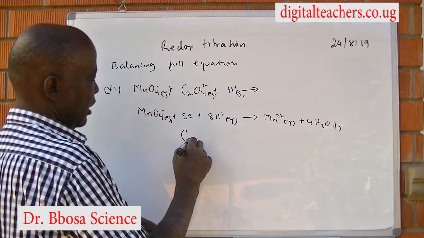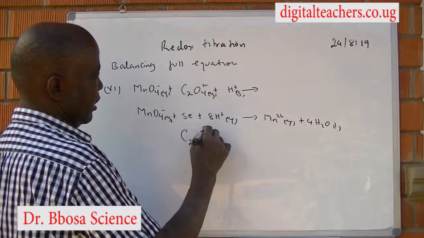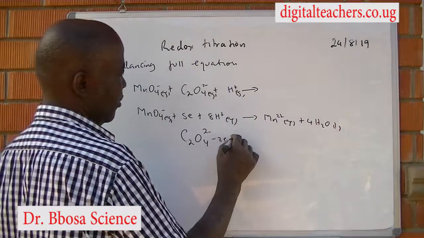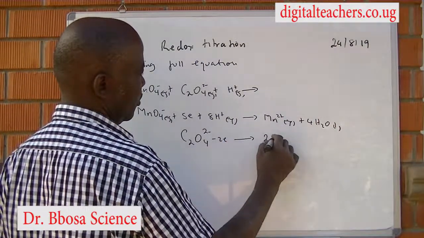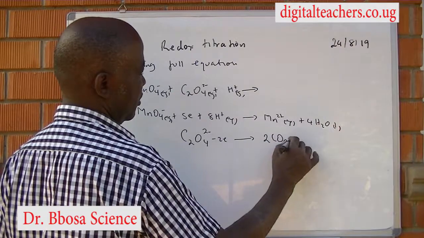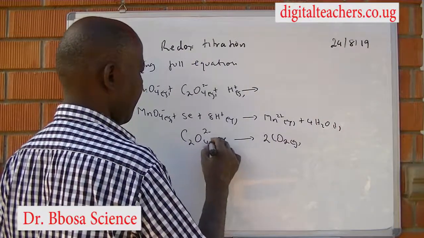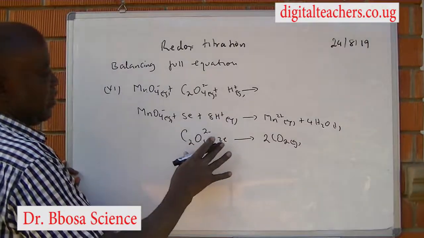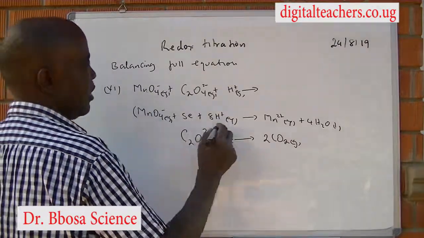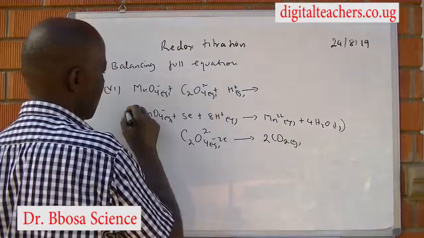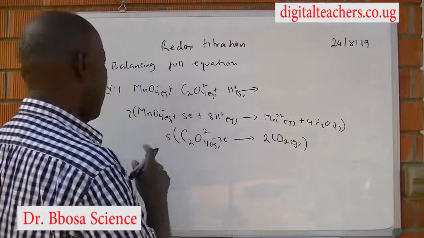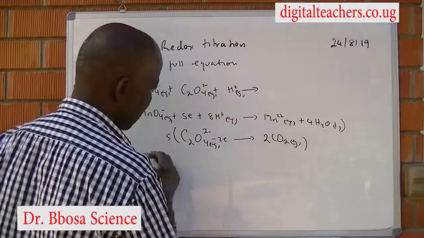Again the oxalate ion, C2O4 2 minus, minus 2 electrons, you get 2 CO2 gas. Again, to make the electrons equal, we multiply this one by 2, we multiply this one by 5, and then we add.